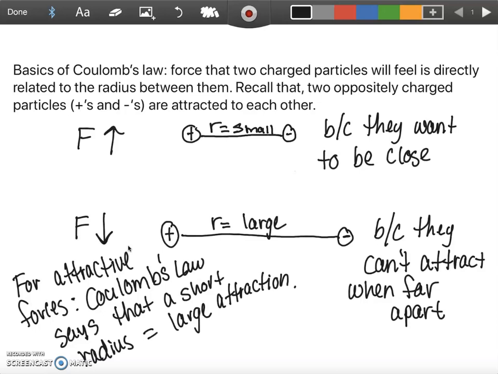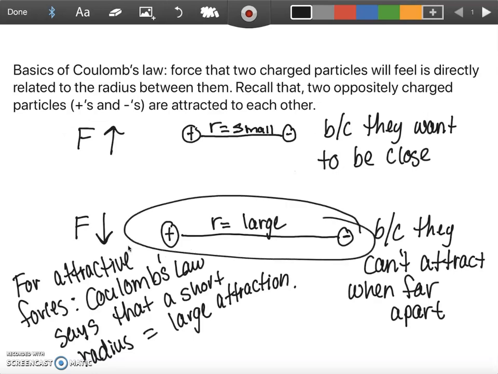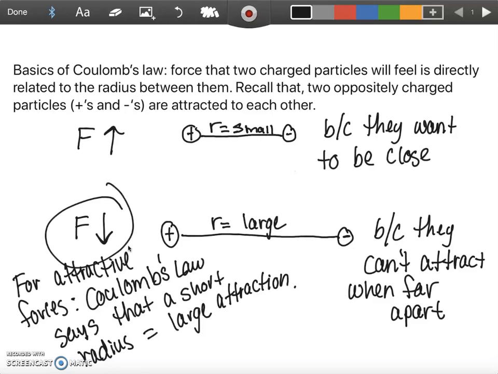So just to review the basics of Coulomb's law again, small distance between two oppositely charged particles means they have a very high force of attraction because they want to be close to each other, and they are close to each other. However, when the radius or the distance between them is large, then that attractive force is very, very small because they cannot attract each other at great distances.